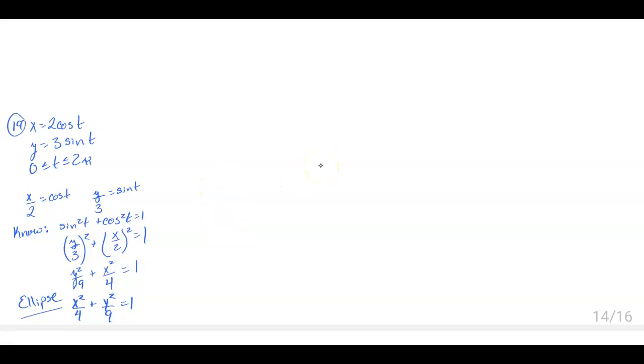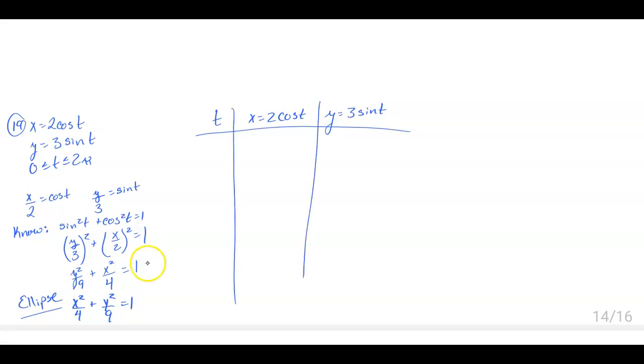All right, so let's see if we can figure out orientation. So we're going to create that chart like we did in the last example. We're going from 0 to 2 pi here. So I'm going to pick some nice values for sines and cosines. So 0, pi over 2, pi, 3 pi over 2, and 2 pi.